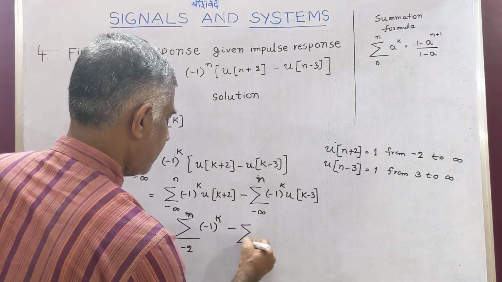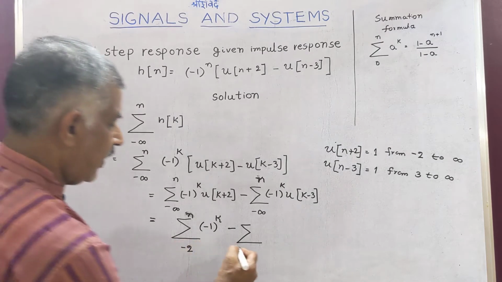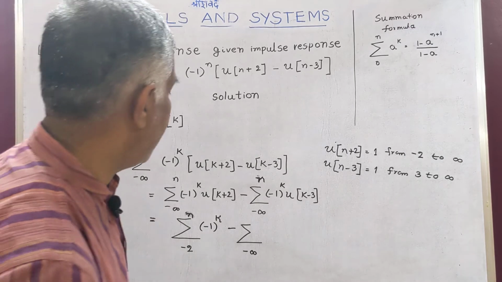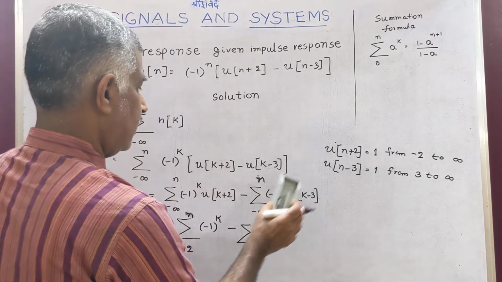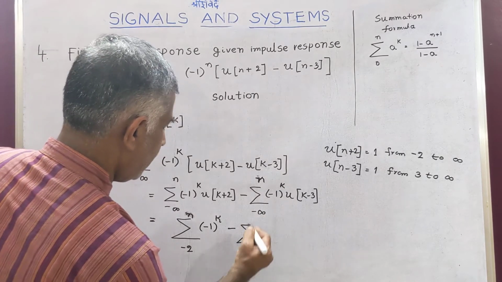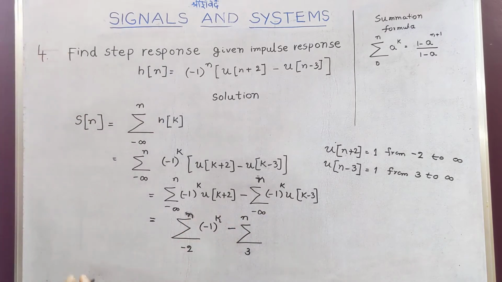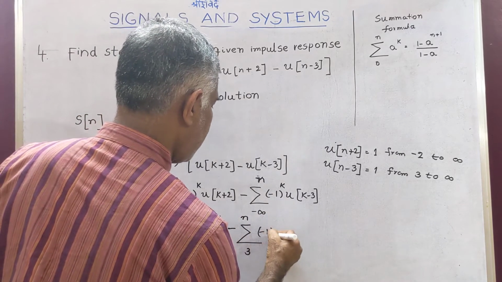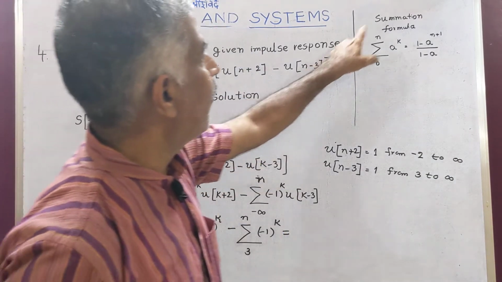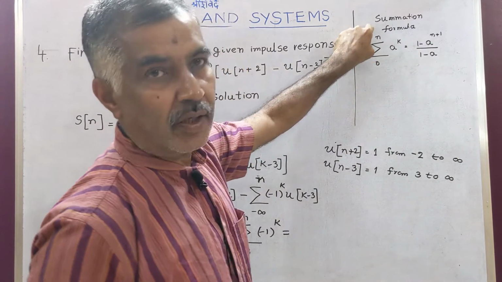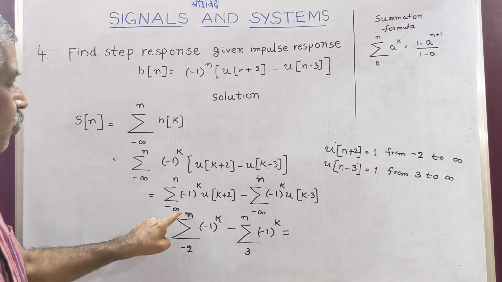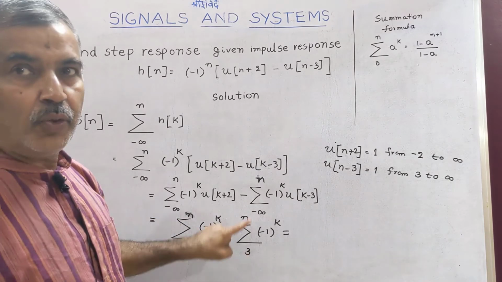Next, for u of k minus 3, it is from 3 to n of minus 1 to the power of k. Now in the formula, it is from 0 to n, whereas here it is from minus 2 to n, and here it is from 3 to n.